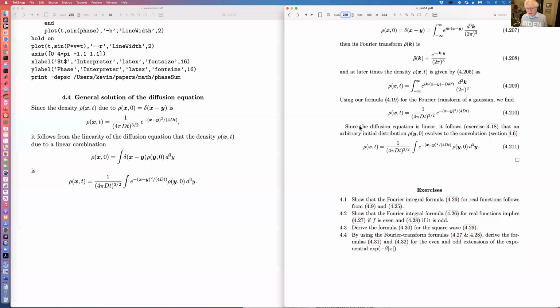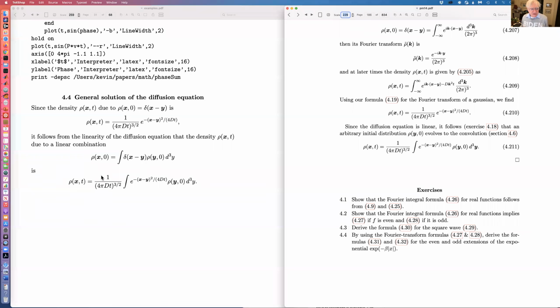And the linearity of the diffusion equation tells us that if we have an arbitrary distribution at time 0, which is to say an integral of the delta function weighted by a different value at each point y, then we can just superpose the solutions.